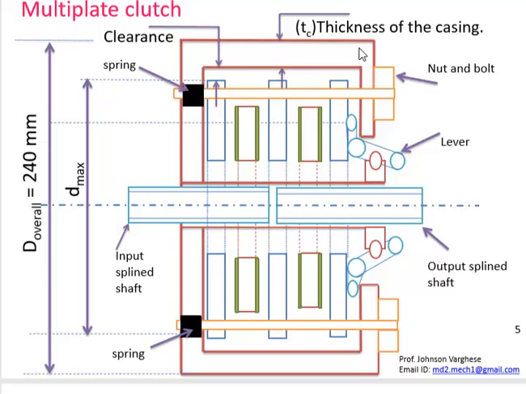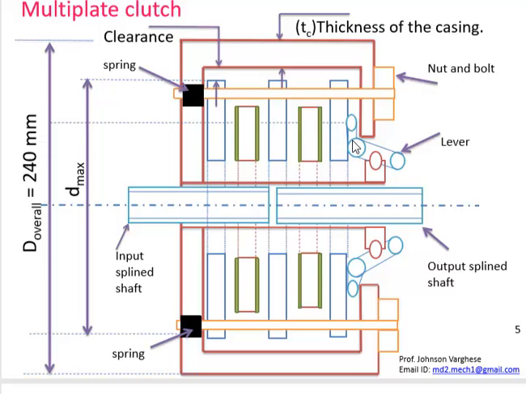The clutch box has some thickness which is shown by TC, thickness of the casing or the box. Now we have some clearance between the box and the plates. So the clearance on one side of the clutch box is called C.